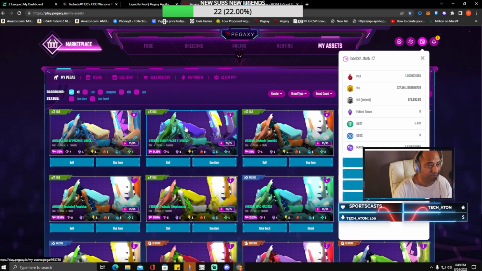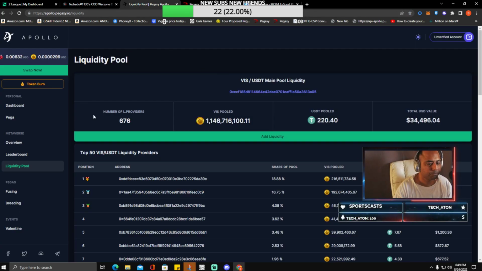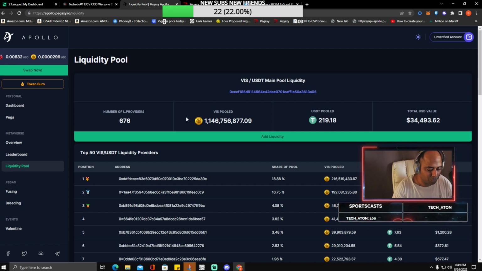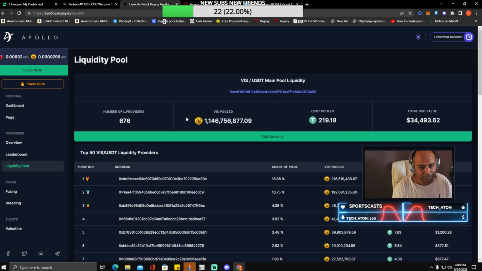So I'm giving you different routes. First route is that, second route is that. What is the third route? The third route is utilizing the 676 people who want to stay in the game, who have to provide liquidity. And yes, I know now I'm talking about governance in a space where there is no governance at all.